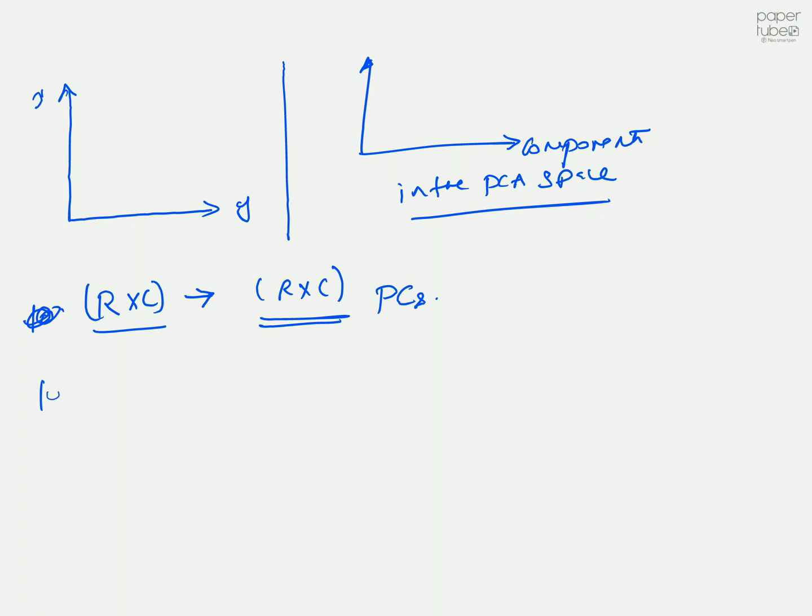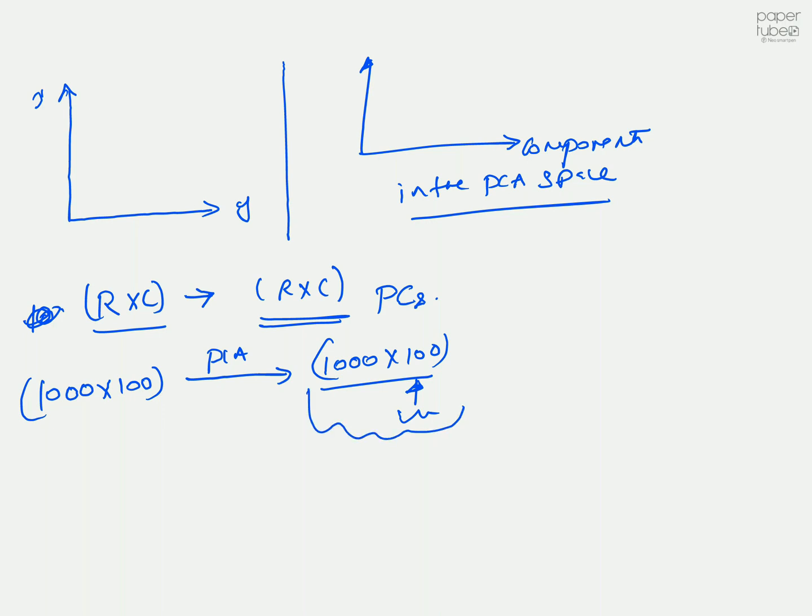So if you have 1000 rows and say 100 columns, if you apply PCA algorithm, you will get exactly 1000 multiplied by 100. So which means you will get 100 principal components. But since we are transforming the data into PCA space, so all this data 100 multiplied by 100, this will be in PCA space.